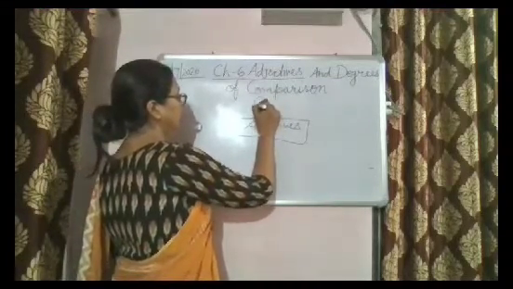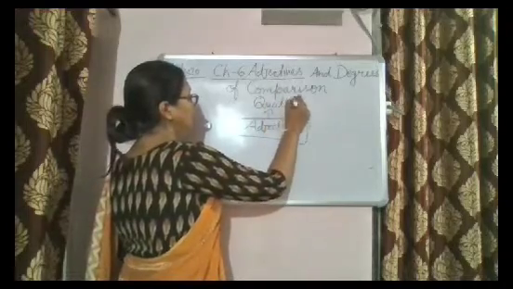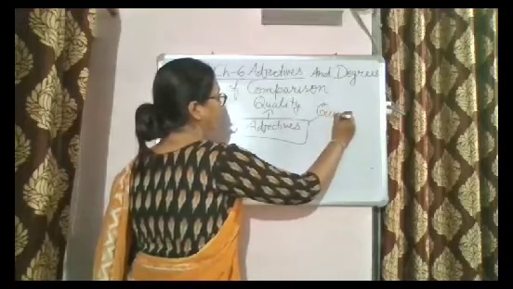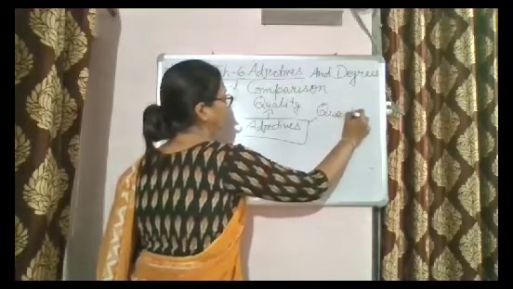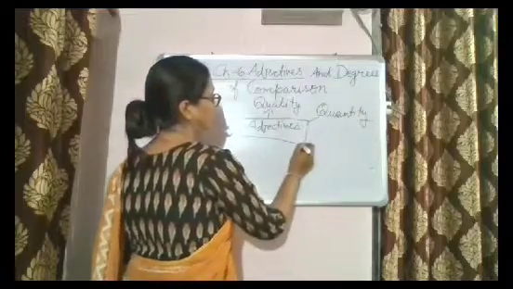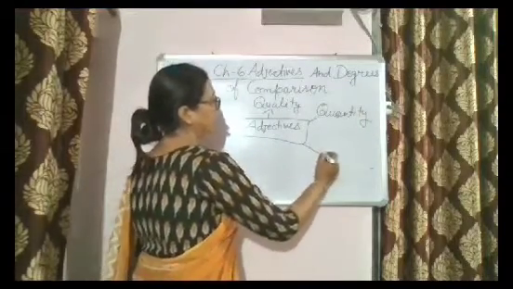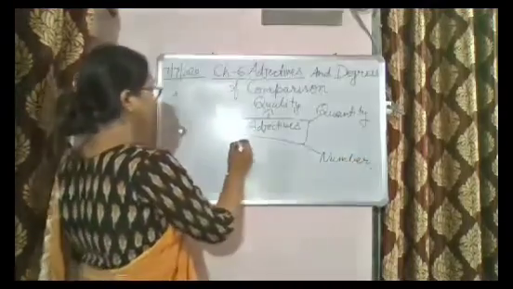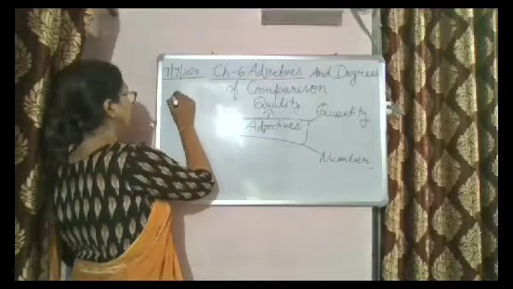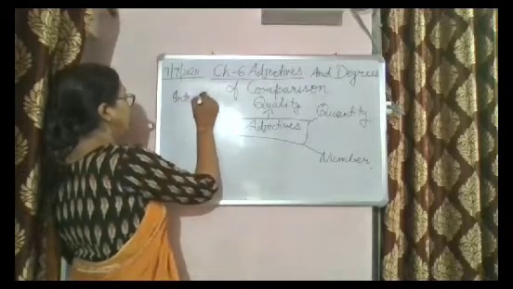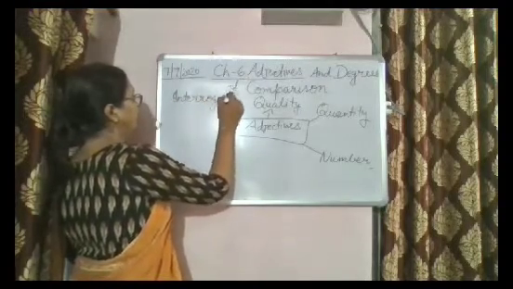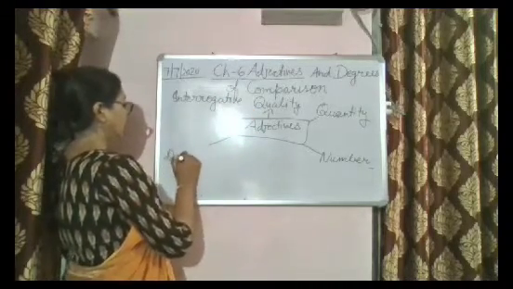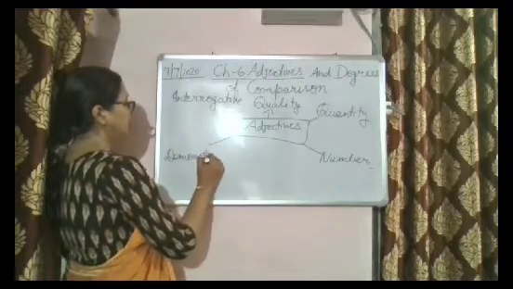First is quality. Second is quantity. Third is adjectives of number. Fourth is interrogative. Fifth is demonstrative.